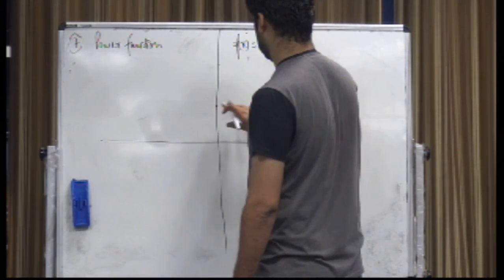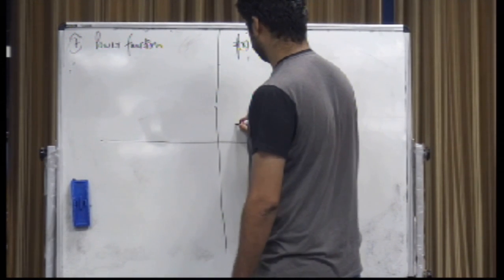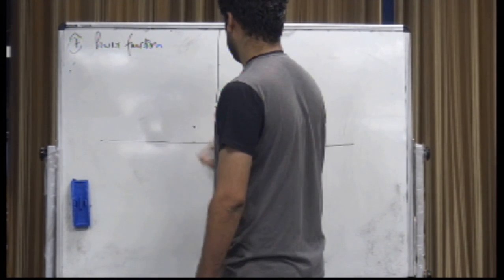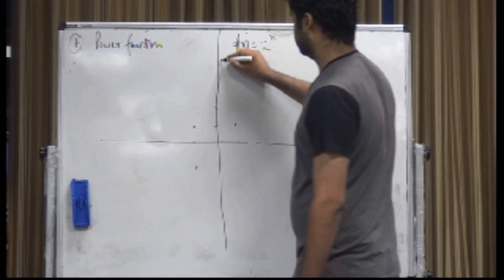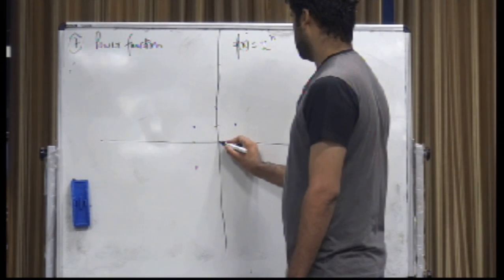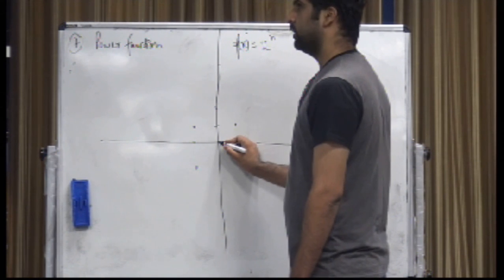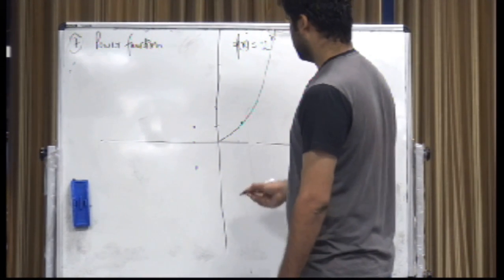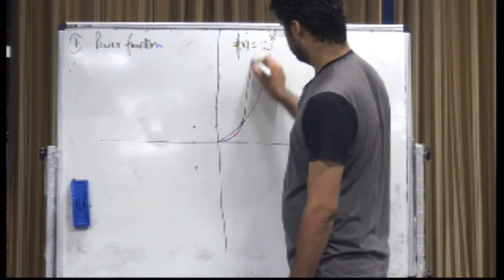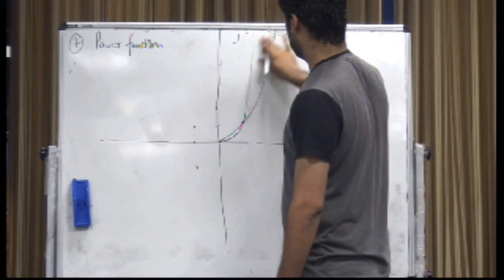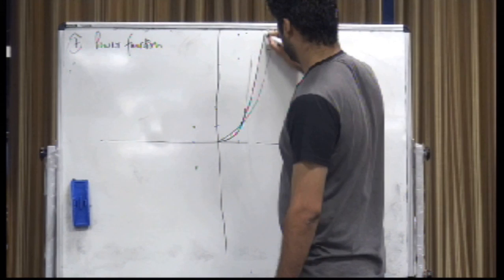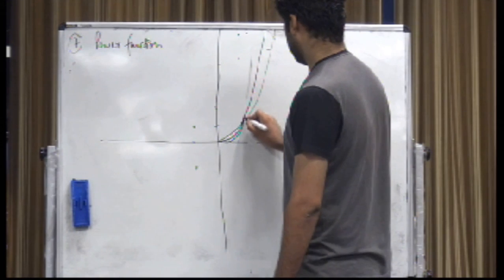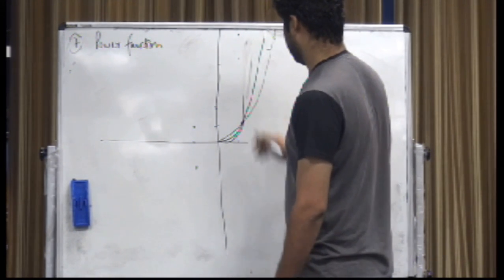And similarly, the graph of x square, if it goes like this, then the graph of x cube will go like this, and the graph of x to the power 4 will go like this.